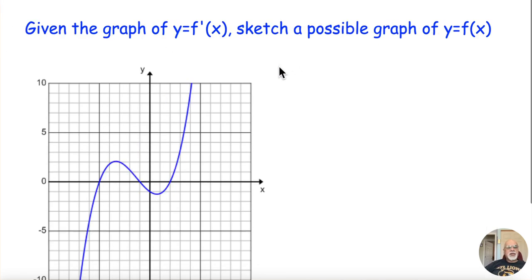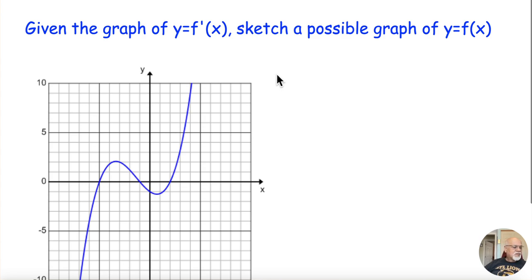So here's another one. This time we're working backwards. So I've given you the derivative, and it says sketch a possible graph of what f of x must look like. Again, you may want to pause the video, analyze this, and see if you can come up with what f of x might look like.